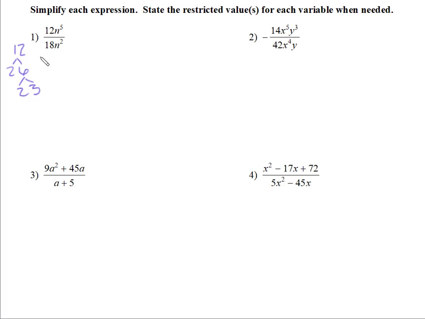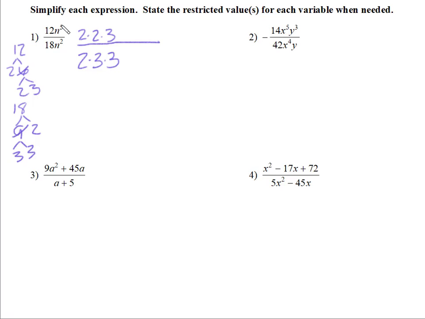But all my prime factors of 12 are 2 times 2 times 3. In the bottom, I'm going to break down 18. That's 9 times 2, and that 9 gives me a pair of 3s. So my prime factors of 18 are 2 times 3 times 3. Now, you won't always have to break this down. We're just going to overemphasize for a second here.